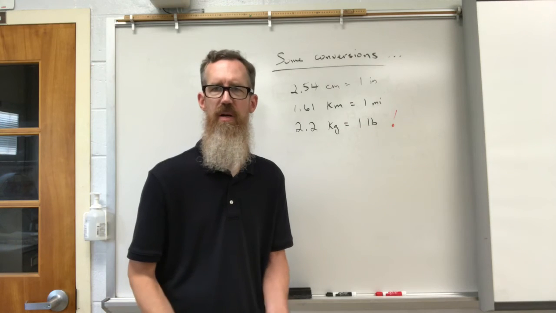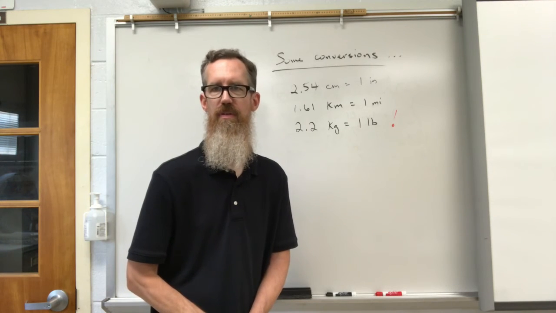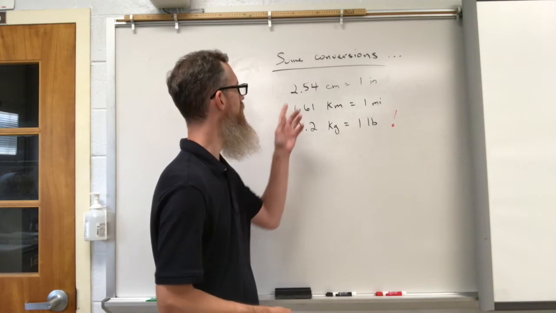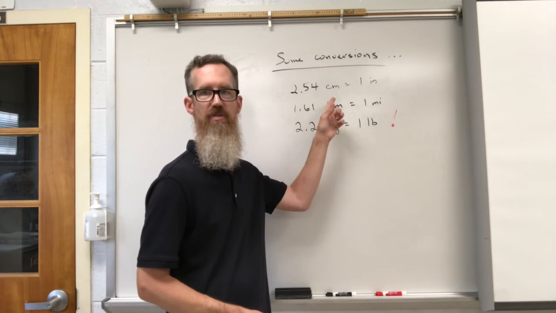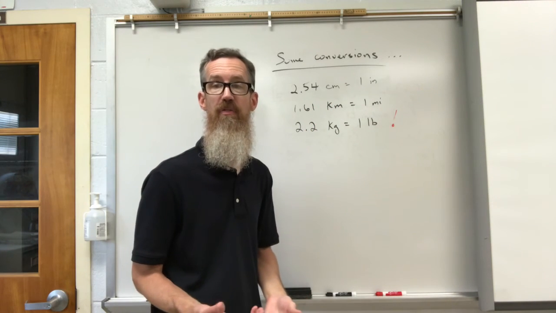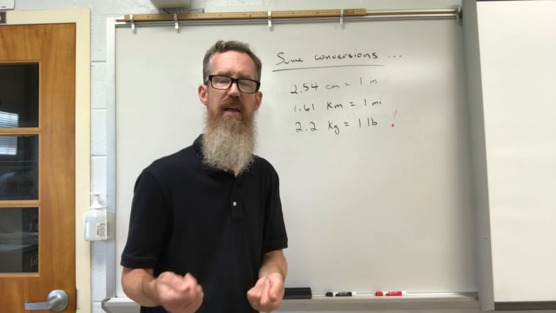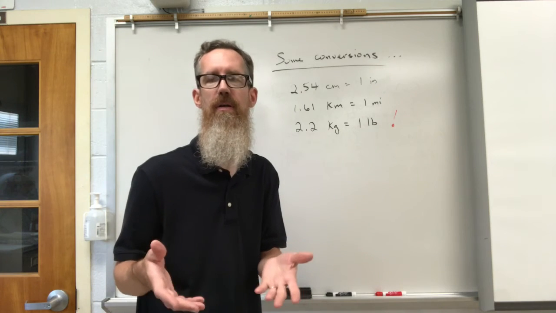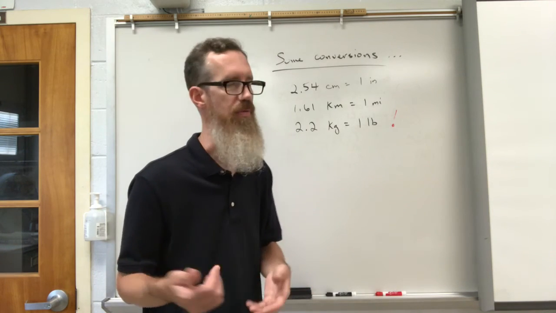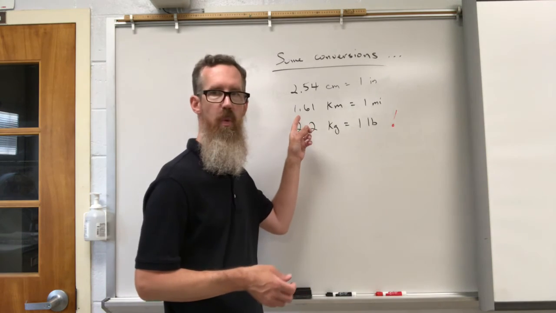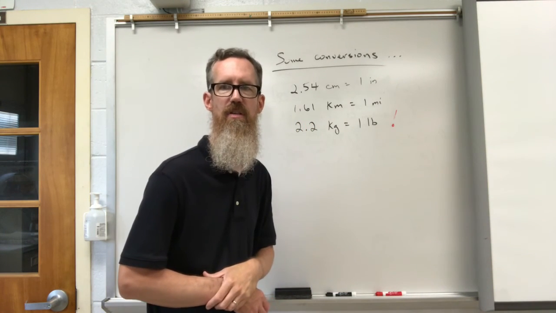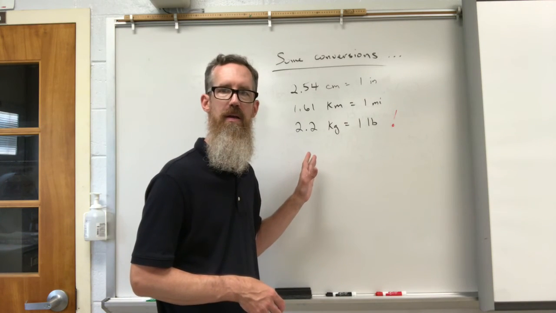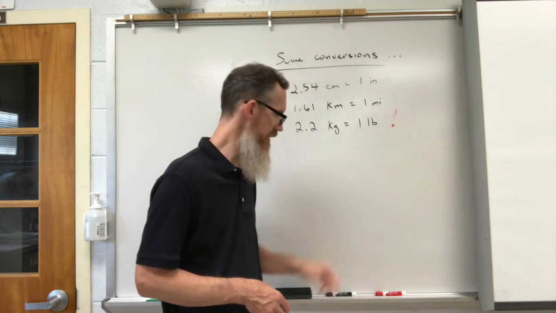Some other just quick conversions we're going to be using in the first couple chapters is some length and mass conversions. We have 2.54 centimeters equals 1 inch. That might be useful at home if you're measuring stuff and you only have an English ruler or a British ruler, and you do not have a metric ruler. 1.61 roughly kilometers is equal to a mile, and 2.2 kilograms is roughly a pound.